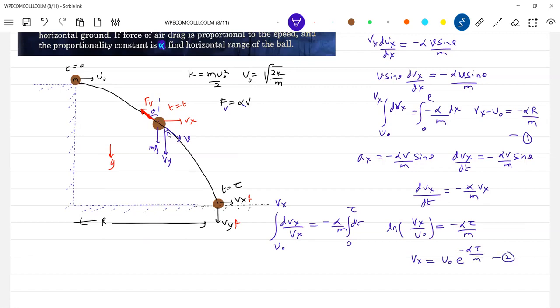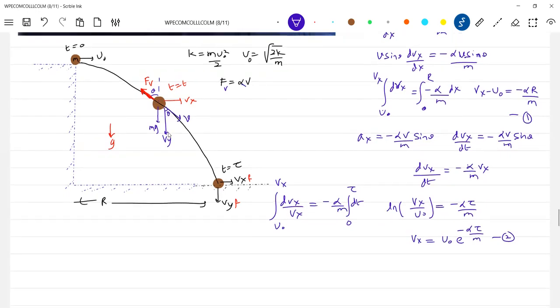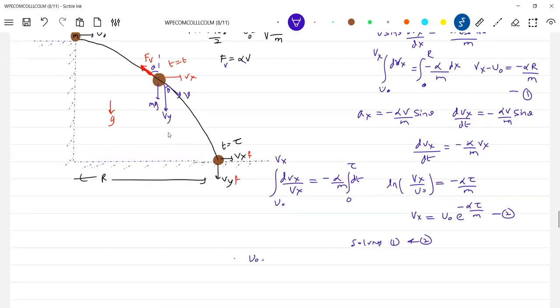So that vx we don't know, so I'm going to substitute there. From solving equations 1 and 2, the vx value will be u naught e to the power of minus alpha tau by m, and that equals u naught minus alpha R by m. So for the expression for R, one more step and I think we'll get it.